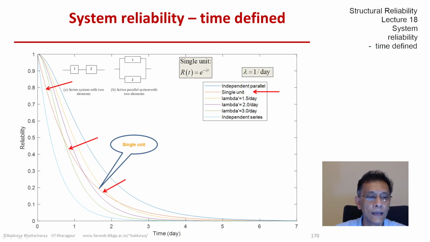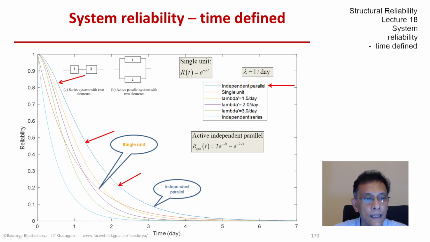Now, with that in mind, let us see 2 of the ideal cases. One is perfect series, and the other is independent parallel. The first is the independent parallel active configuration.